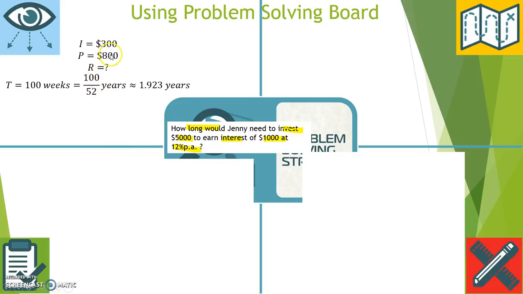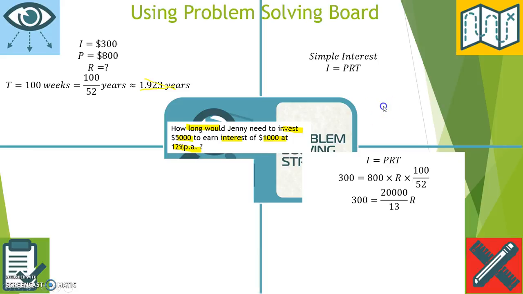As before, we pull out the correct values, leave it as fraction, remember, not that decimal. So let's put a line through that so we remember not to do that. Our strategy, simple interest formula, and then we substitute in and solve, working with fractions as much as possible.